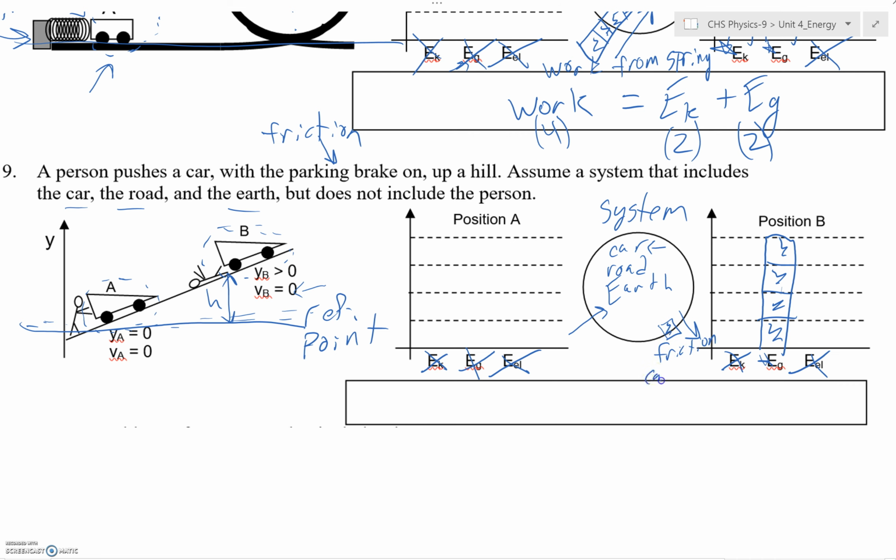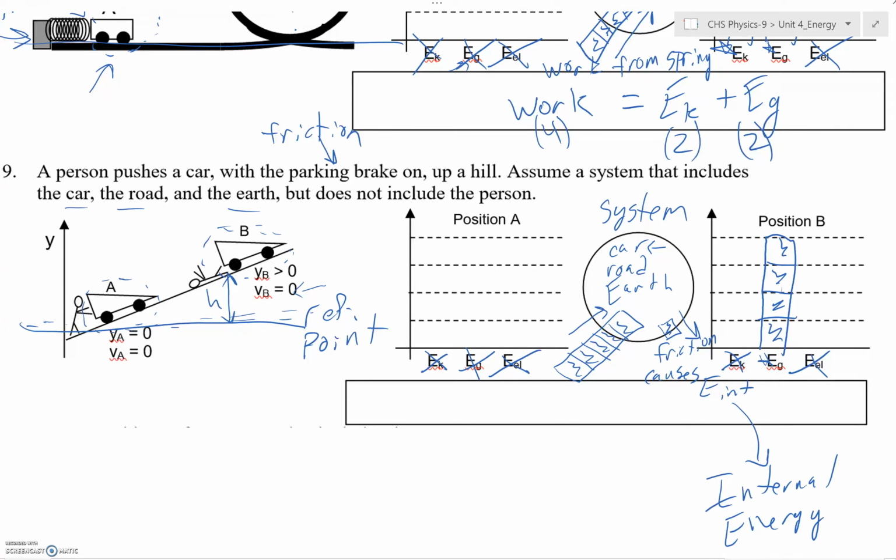I'm going to say friction causes E INT, which, if you don't remember, that's internal energy. So we're going to have at least 1 bar leave. So if we have 4 bars in the end and 1 bar leave, that means we're going to have 5 bars of energy go into the system. 1, 2, 3, 4, 5.